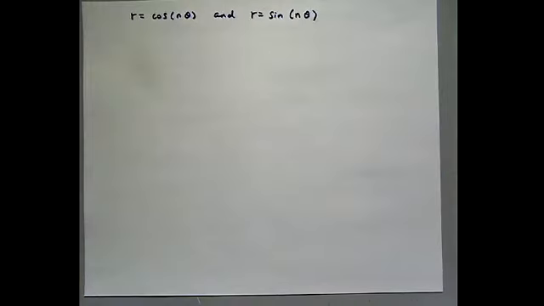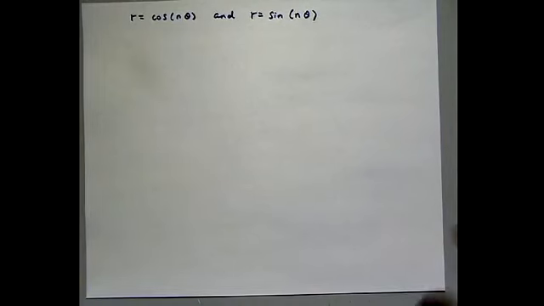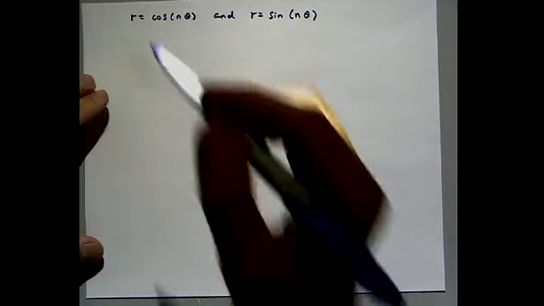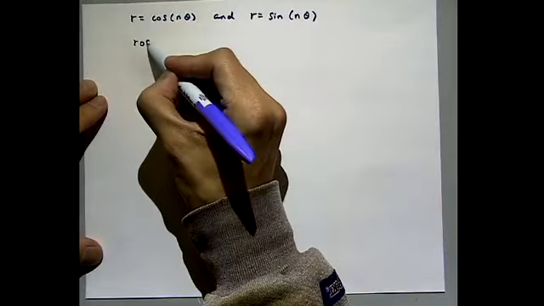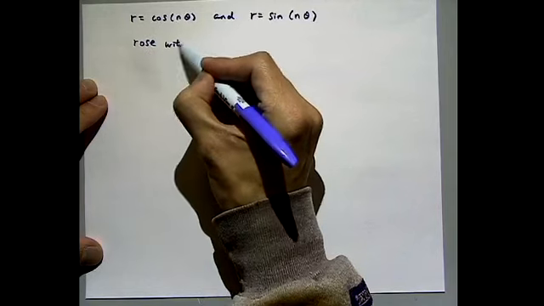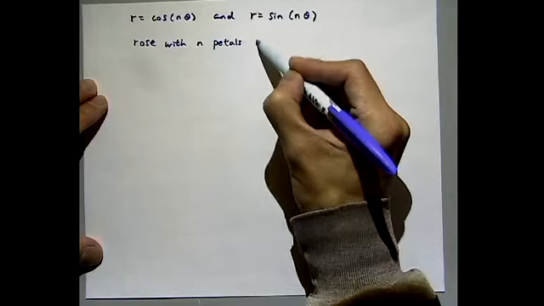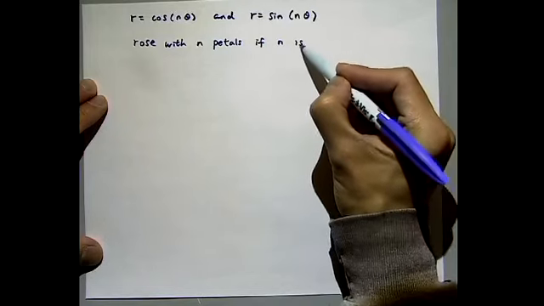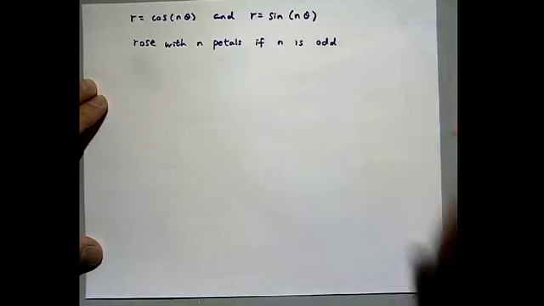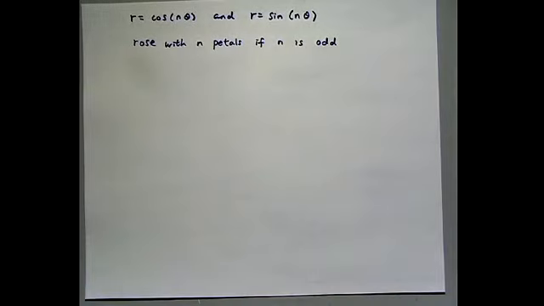So both of these will have the same general shape. R is equal to cosine n theta, and R is equal to sine n theta. Both of these will be roses with n petals if n is odd. So look at cosine of 1 theta, the first example we did. It had an odd n, so it's got that number of petals.